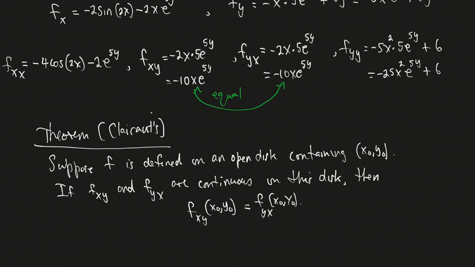So Clairaut says that when you're doing your mixed partials, technically the order of differentiation doesn't matter. What matters is how many times you've differentiated with respect to y and how many times with respect to x. Not the order, just how many times you differentiate.